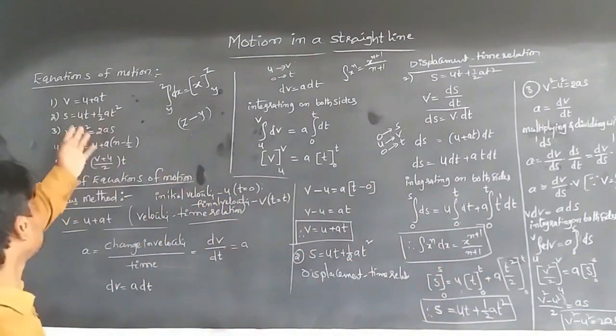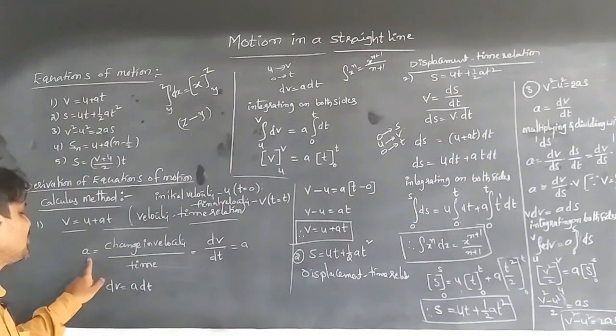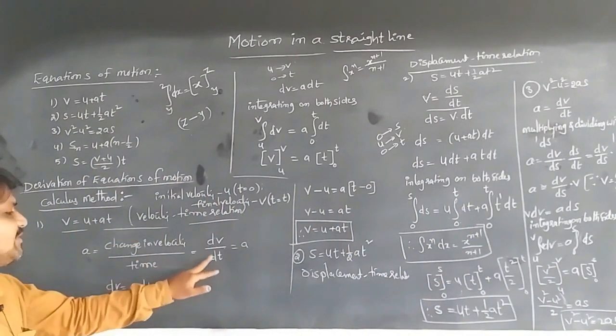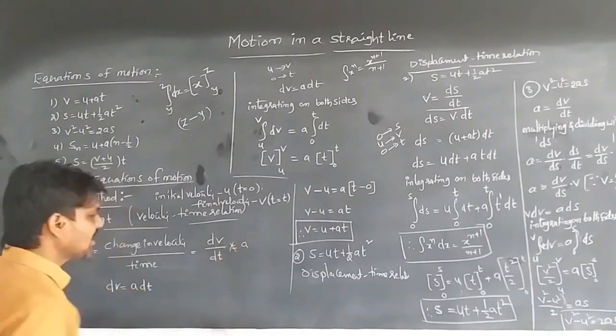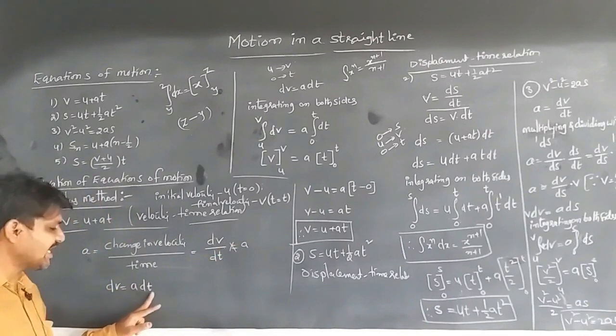Now the first kinematical equation: acceleration is the change in velocity by time, that is dv by dt, equal to a. By cross multiplication, we get dv is equal to a dt.